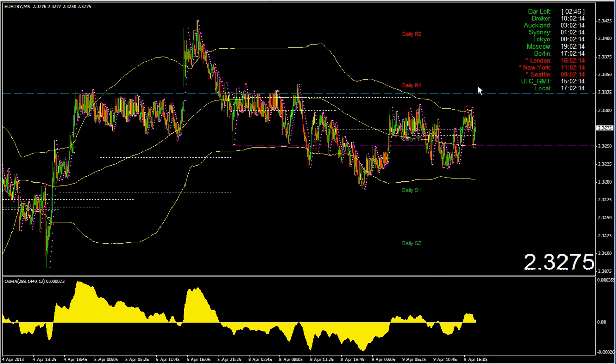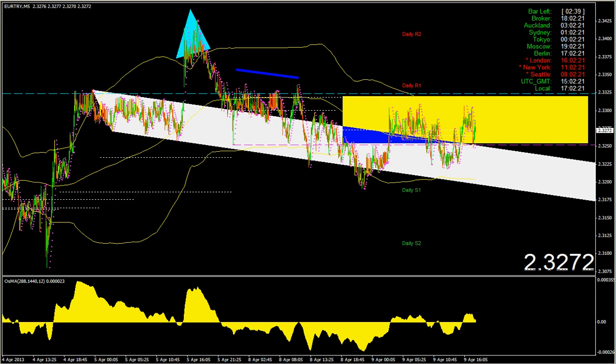And here we created something like a sideways trend, a sideways box.